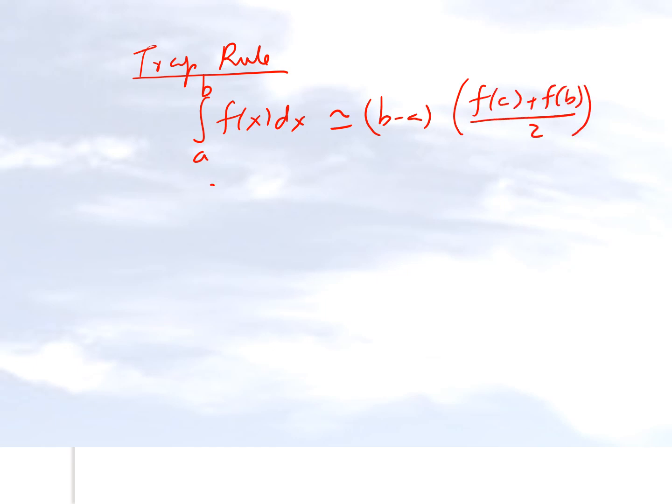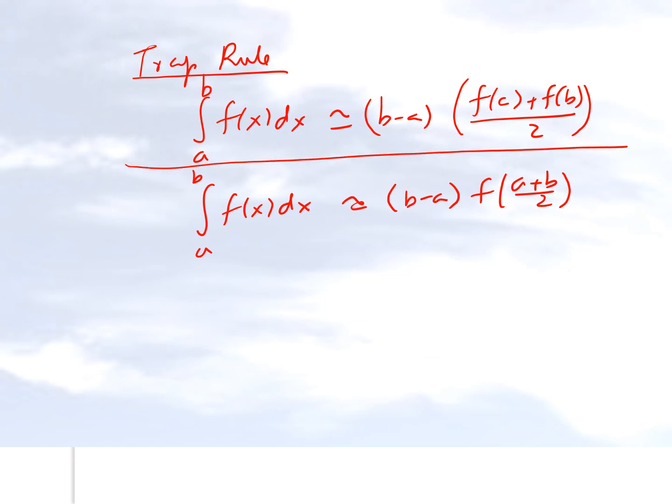And then the formula for the one-point Gaussian quadrature rule is this. You can very well see that this one is exact for a first order polynomial, and this one is also exact for a first order polynomial. So we will get different answers for the same function integral, whether we're using this formula or this formula, but for a first order polynomial, we'll get exactly the same value, and it will be the exact value itself.